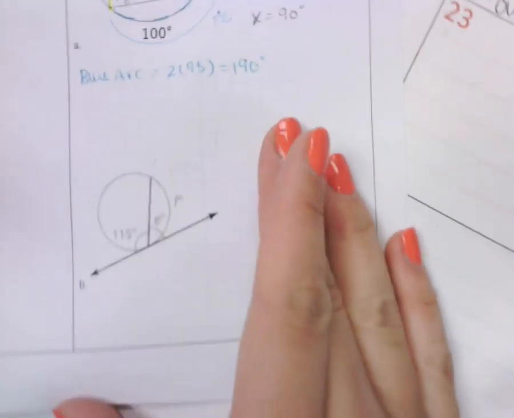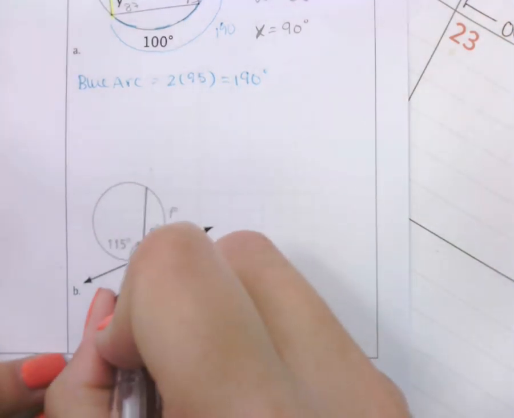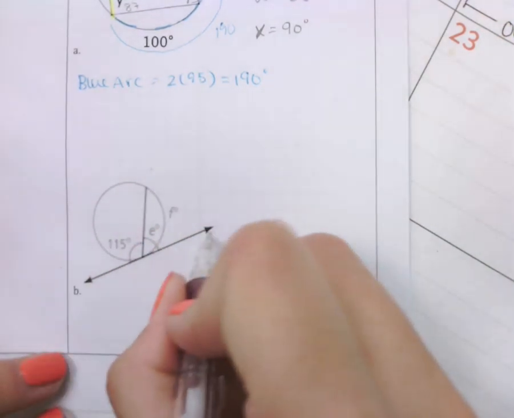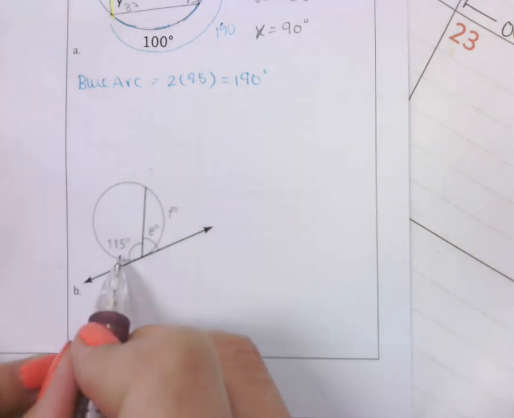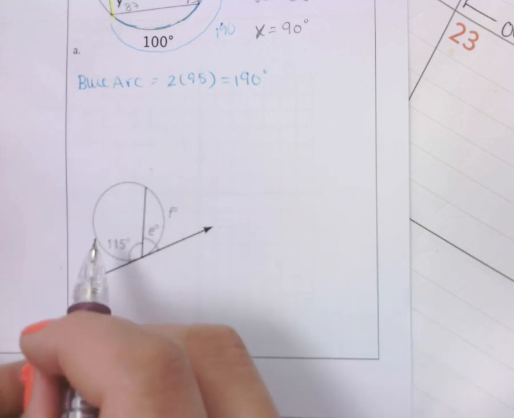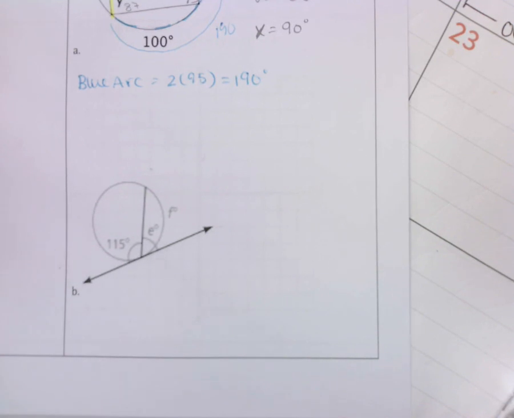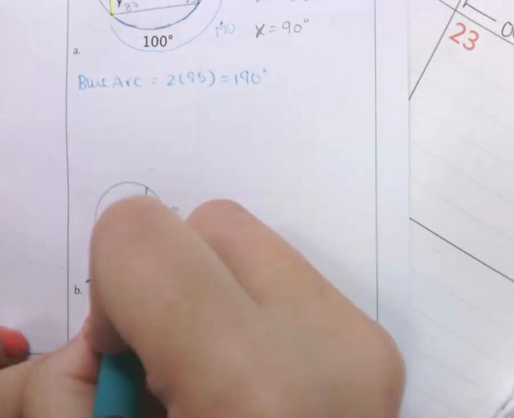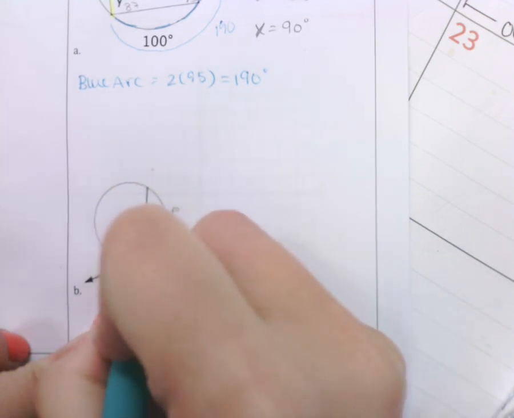Okay, and then B is another kind, you have to do more than one step. Because this angle and this angle form a linear pair, we can find E by just subtracting 115 from 180, because it's a linear pair. So these two form a linear pair.